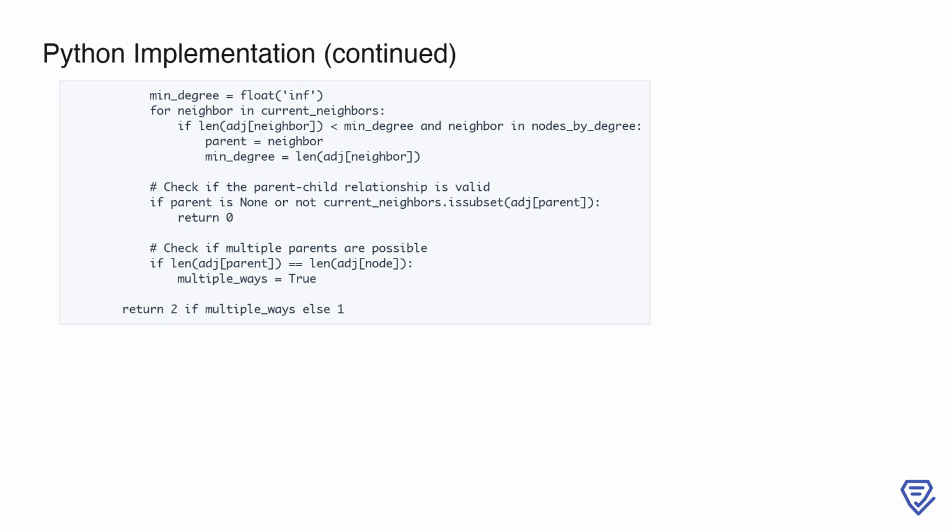Additionally, if the parent and current node share the same degree, it indicates that multiple valid parent-child relationships are possible, so we set the multiple_ways flag to true. After processing all nodes, we return 2 if multiple configurations are possible or 1 if the tree is uniquely determined. This implementation efficiently checks the tree reconstruction conditions while handling edge cases like invalid structures or ambiguous relationships.